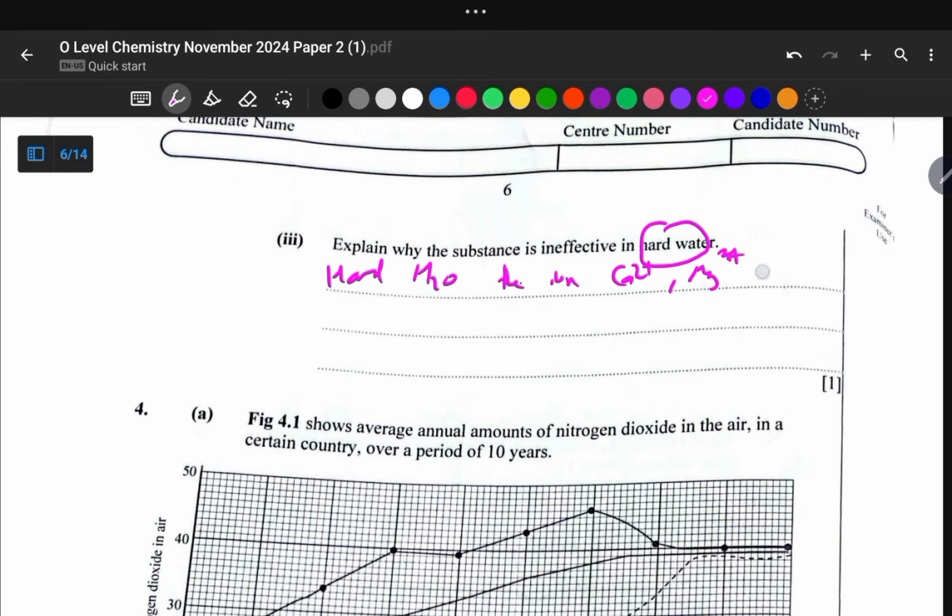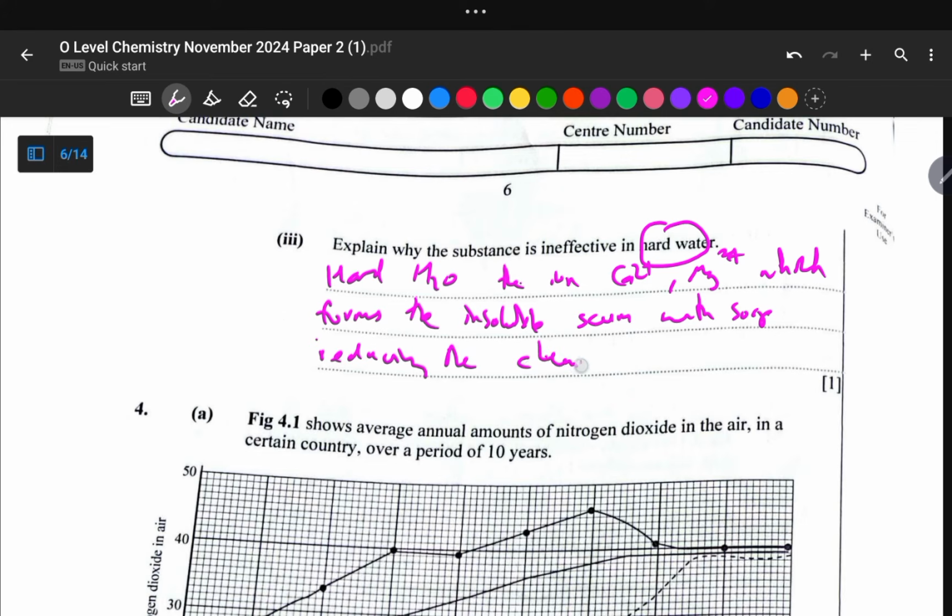It forms the insoluble scum with the soap, right? Thereby reducing the cleaning ability. Right? So we are done.